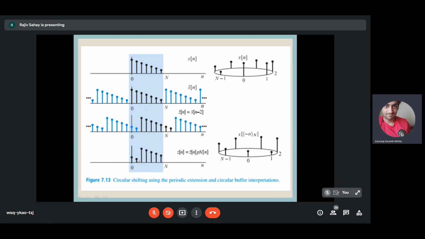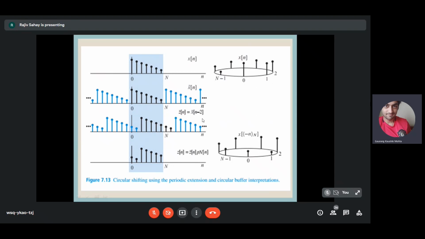If you see, this is a set of cumbersome steps. This can be avoided by using a circular buffer. In the circular buffer, you have x of n shown here. Then x of minus n is just the folded version of this. Whatever is appearing at N minus 1 will appear at 1.